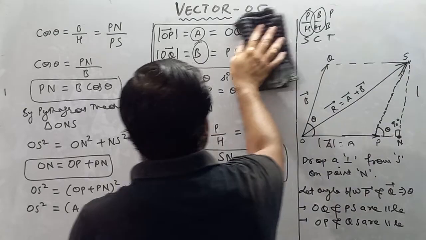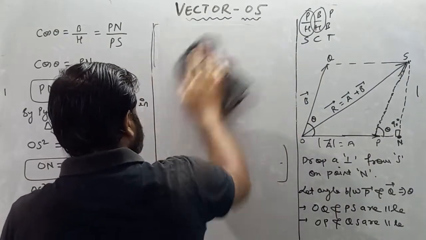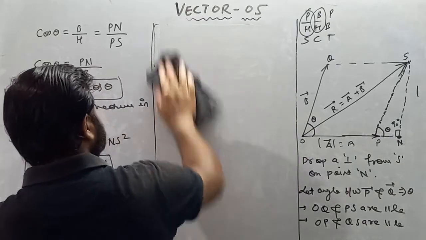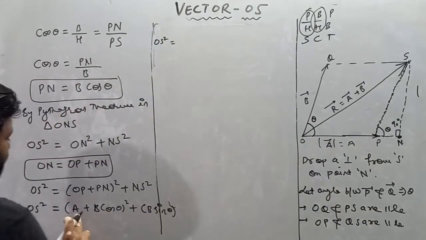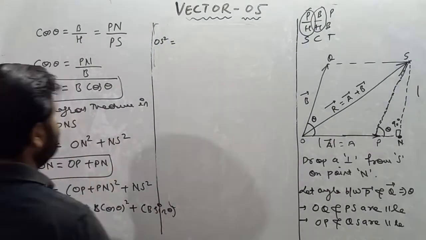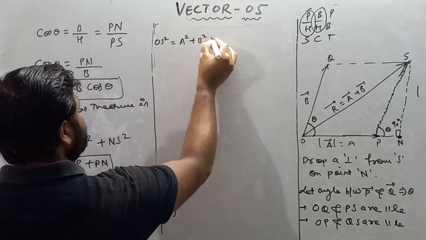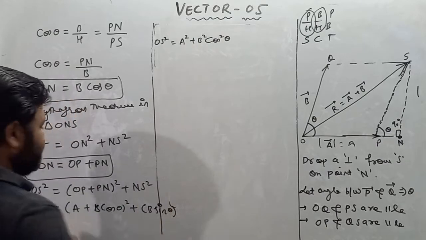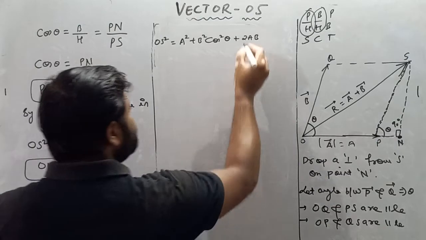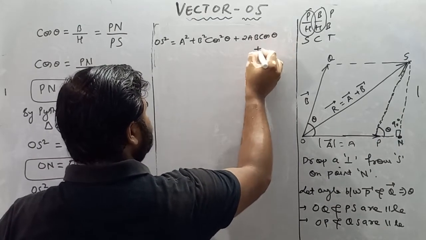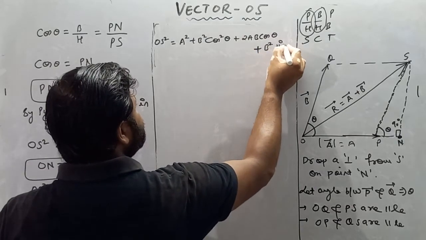Now I'll open the brackets as we find squares. So my dear student, OS square is equal to A square plus B square cos square theta plus 2AB cos theta, plus B sin theta whole square, so it is B square sin square theta.